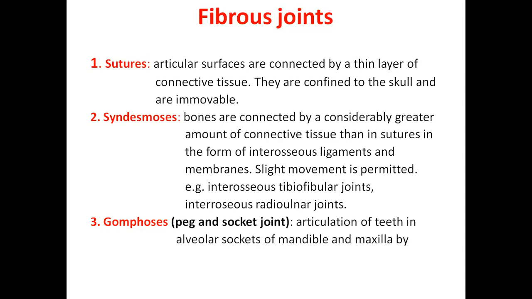Second example of the fibrous joints, or second type, is the syndesmosis. In this type of fibrous joint, the bones are connected by a considerably greater amount of connective tissue than in the sutures, in the form of interosseous ligaments and membranes.